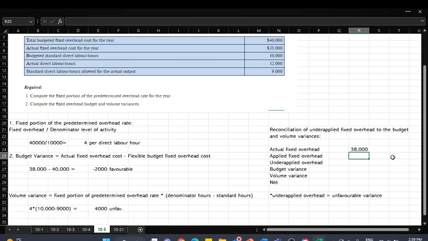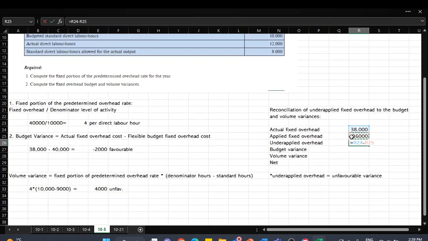The amount of overhead that would have been applied is based off of our standard direct labor hours. Okay, so it would have been 9,000 times our predetermined overhead rate of 4, giving us an amount of 36,000. Okay, 38 minus 36 means that we have an amount of 2,000 being our underapplied overhead.